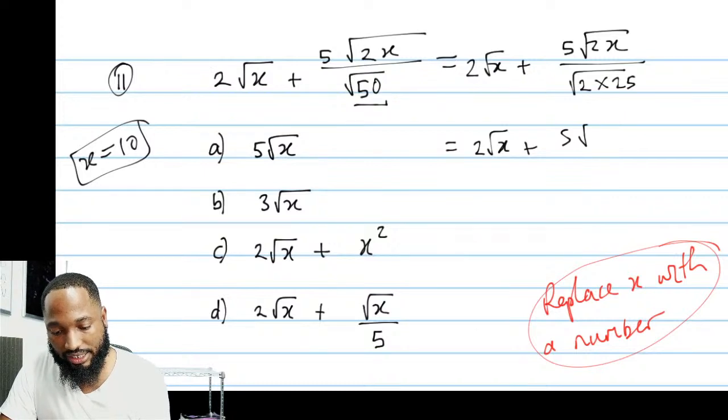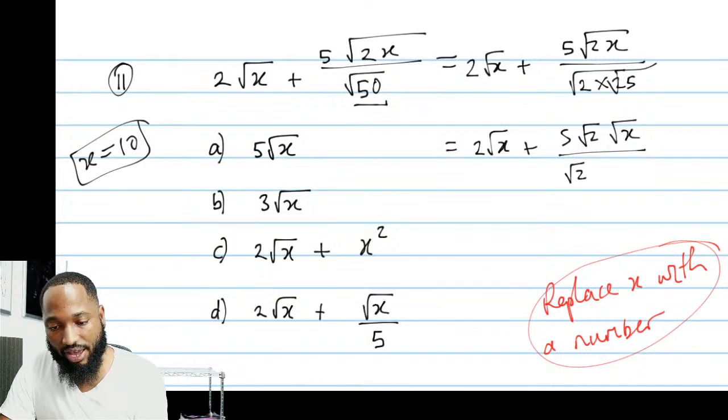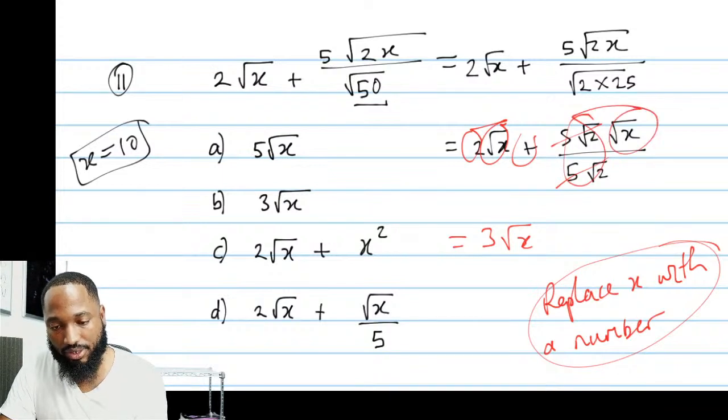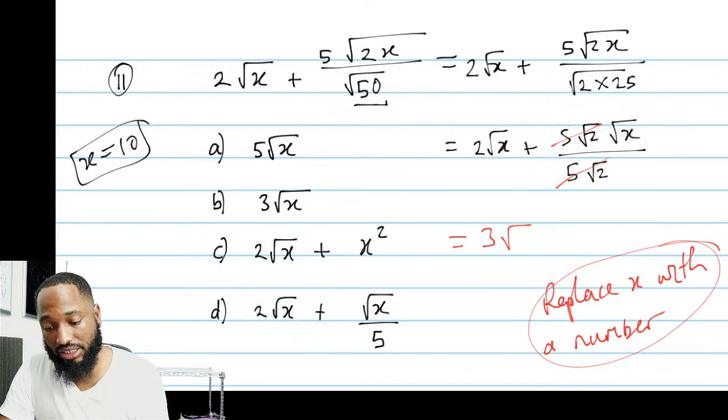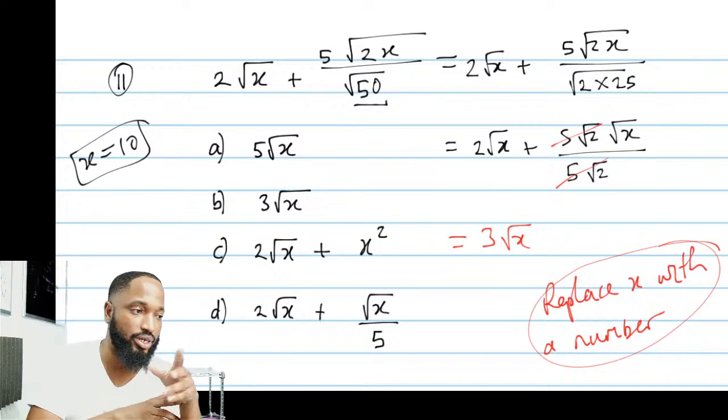Square root of 2x is the same as square root of 2 by square root of x. Square root of 25 is 5. So this is like square root of 2 times 5, or another way to write this is 5 square root of 2. When this cancels with that, you're going to end up straight up with 3 root x, because this is like 2 apples plus 1 apple is 3 apples. So this is the surds way of doing it.